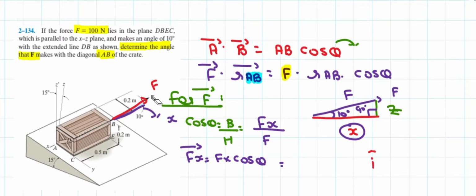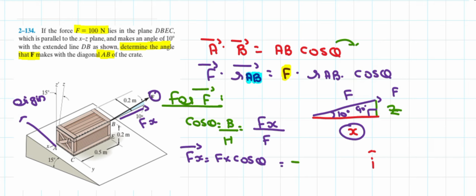If you look at the diagram clearly, this is our origin, and the Fx is acting into the page. That's why I put the negative sign here.